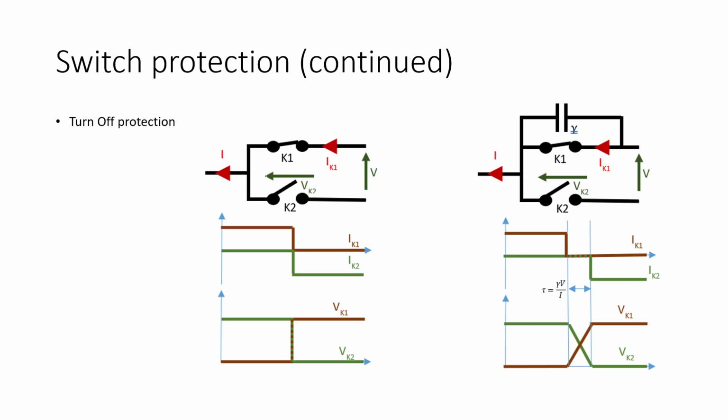So here you can see K1 is initially on, and then you turn it off, so the current drops from maximum to 0. So when you turn off, you want the voltage to gradually drop across this terminal.